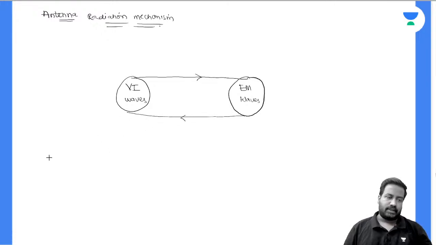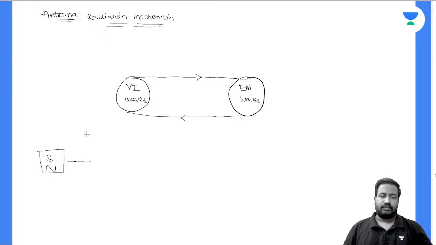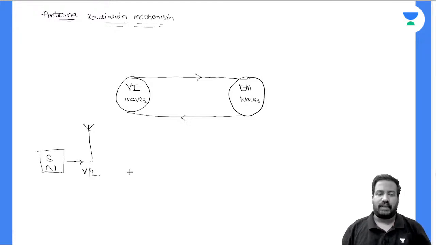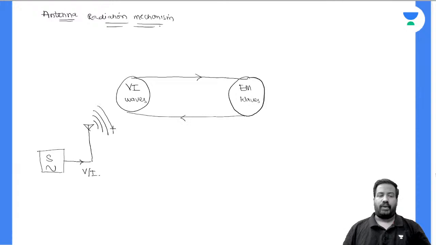For example, you have a source generating some voltage, and an antenna is connected to the source. This source is giving voltage or current. Now when these voltage or current waves are given to the antenna, they are converted into EM waves. What is this process called? This is called radiation.